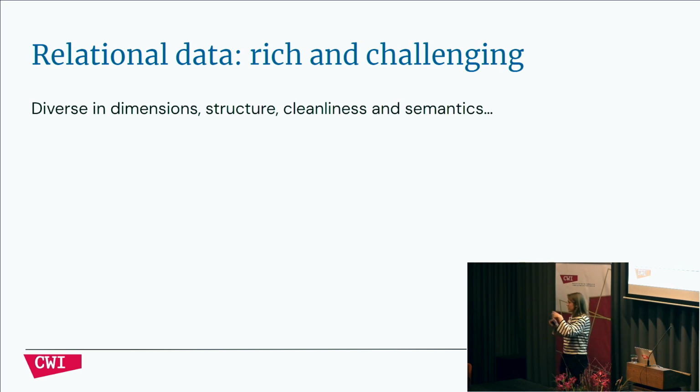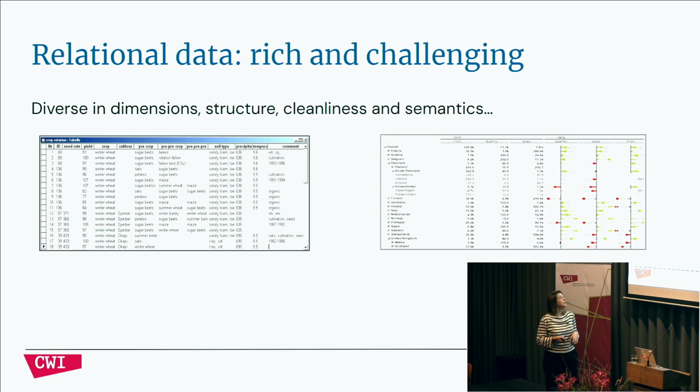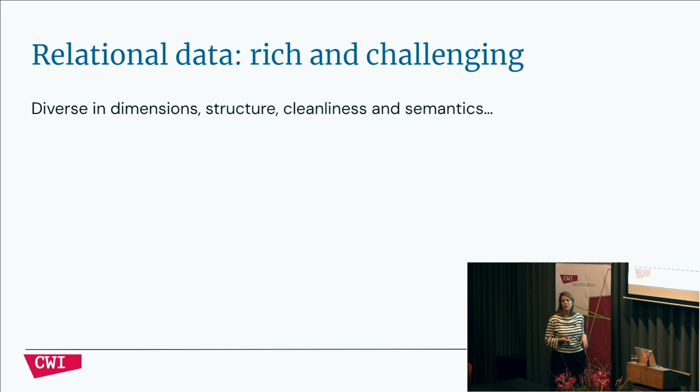I know that relational databases have a very strict structure, but it's wild to see what people actually try to put in tables and how they do that. You can also think about cleanliness, right? What do we actually find inside that data? What is it actually about? There's lots of mess going on there as well. But they are also super diverse in terms of semantics. I think Andy touched on that as well. What is that data actually about, and what can we do with it?